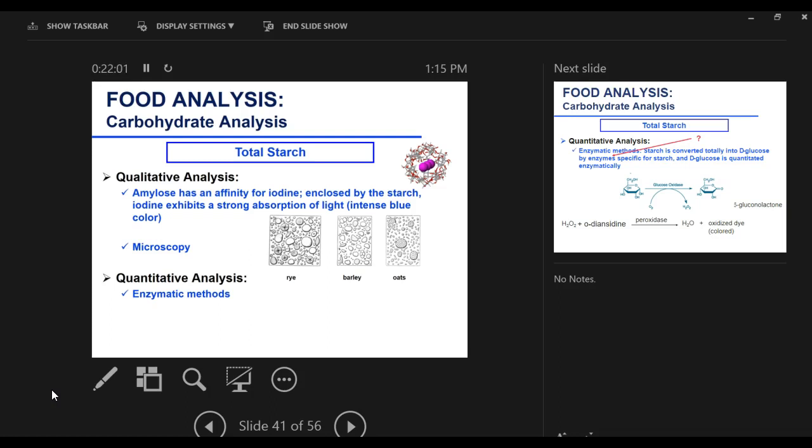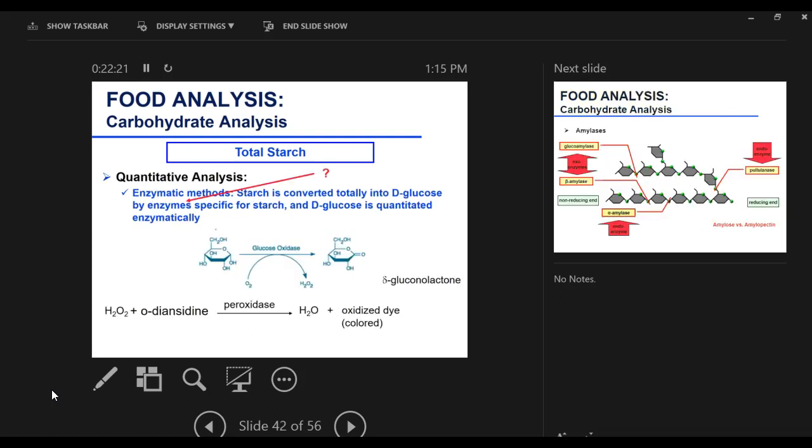Microscopy is often used to look at the difference in starch granules among different samples. So this is kind of qualitative analysis of starch. But what we care for here is quantitative analysis, and total starch is based on enzymatic methods of analysis.